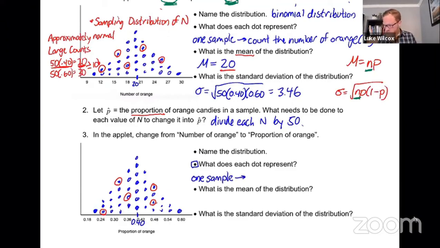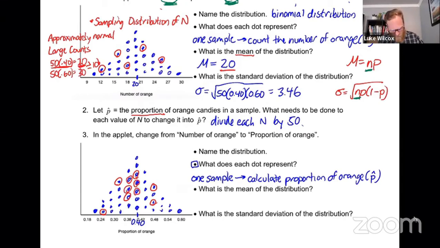And then what we're going to do with that sample is calculate the proportion of orange. And being careful with our notation here, because it's a sample proportion, that would be p hat. So over here, each dot represents a different sample and the proportion calculated from that sample.